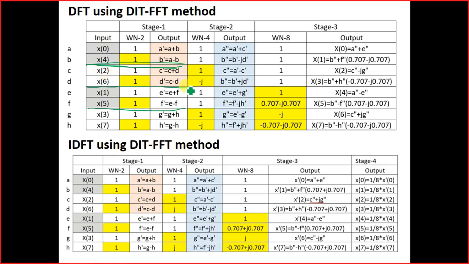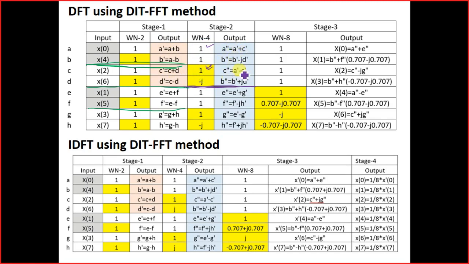Now, in the next stage, we'll be having the 4-point DFT. Up till now you have taken the 2-point; now take the 4-point. So in the 4-point, this one and this one, a double dash, what do we get? A dash plus c dash multiplied by 1.